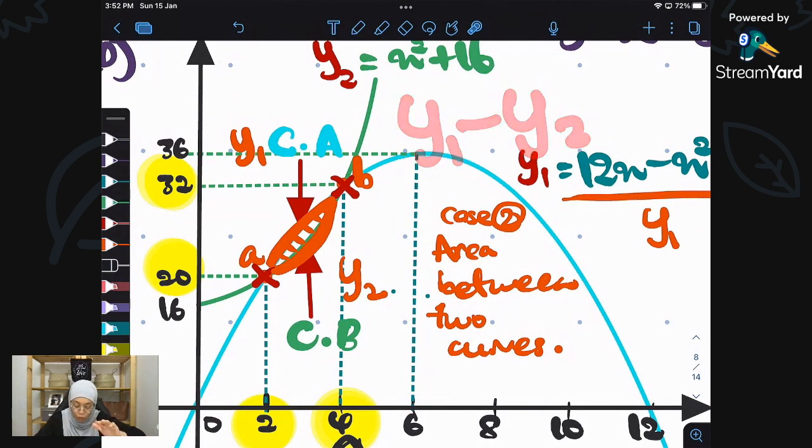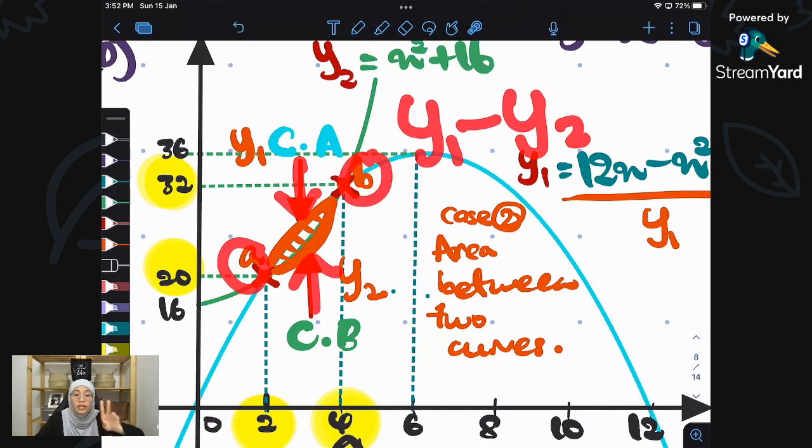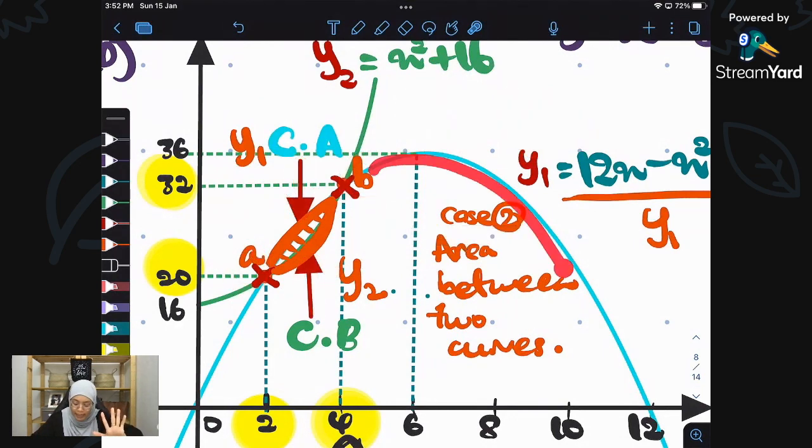It is according to what? Above here. Between the 2 points. Remember ya, you only read the area of the shaded region between the 2 points there. Jangan baca selain daripada region tersebut. Jangan baca curve yang di luar region. You only read inside of this region.